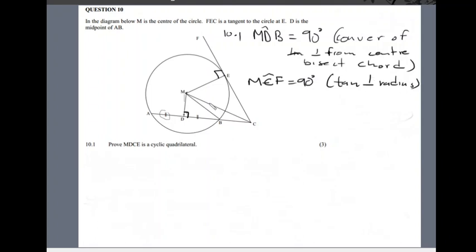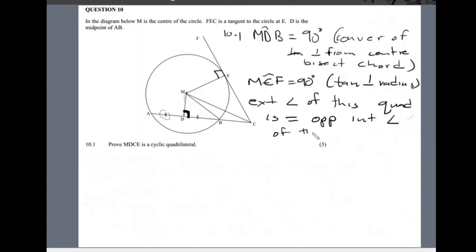Right, so because the exterior angle of this quadrilateral is equal to the opposite interior angle, I can say, okay, this is a cyclic quad. So the exterior angle of this quad is equal to the opposite interior angle of the same quad, right?